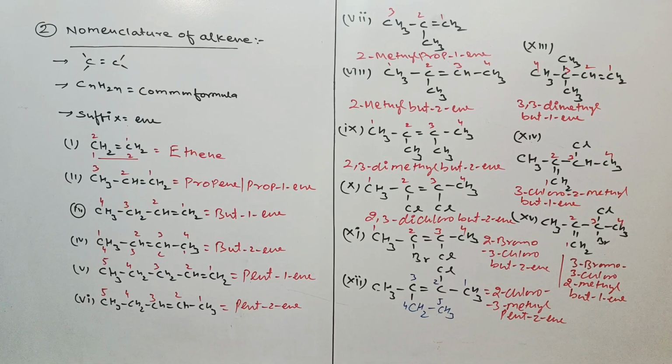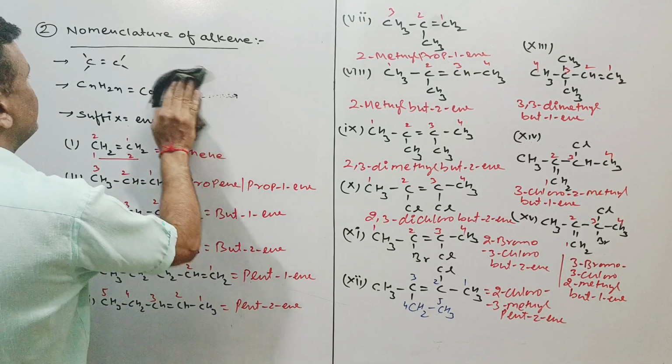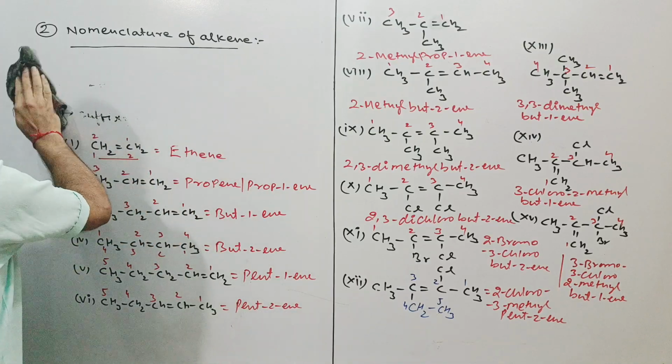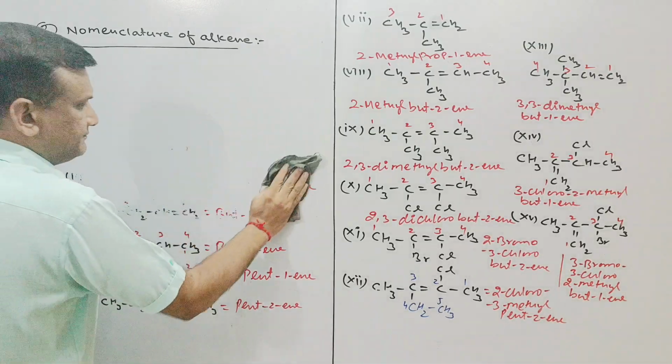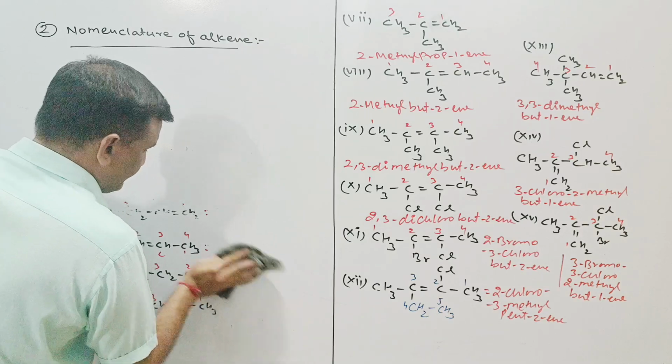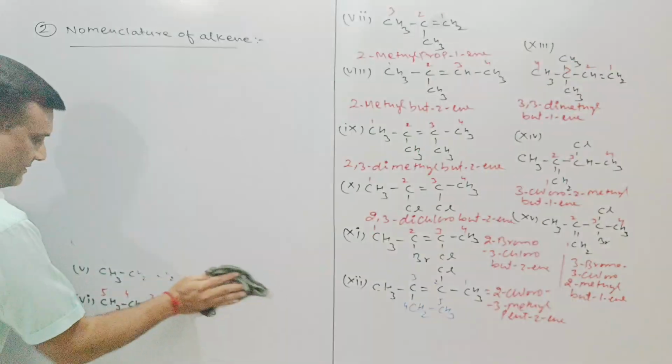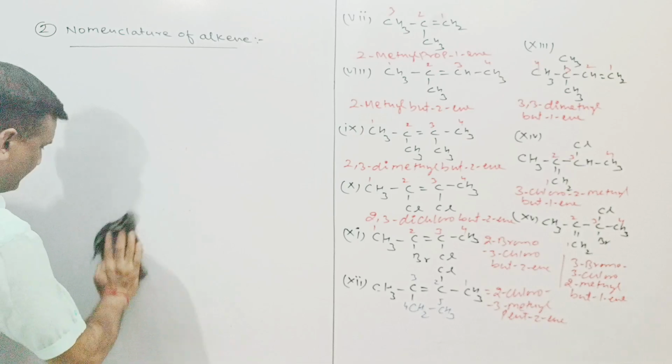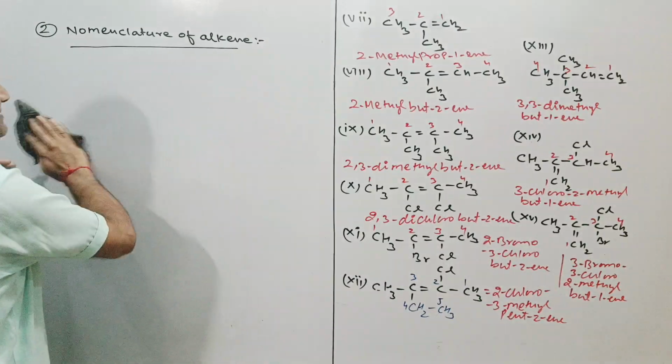Now it is time to discuss bond line structures as regards nomenclature of alkene, because without nomenclature organic chemistry is not possible.